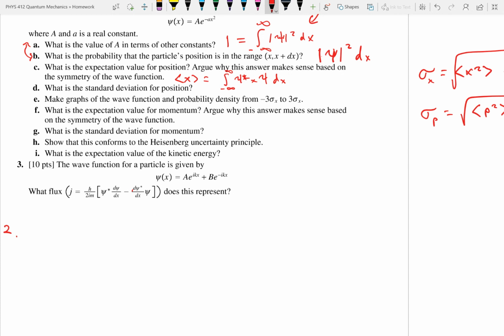Okay. So in terms of understanding the problem at this point, just think of it as, okay, it's a math problem. How do I do the math? So you're just doing psi star and psi, making sure that you're good with doing the complex conjugates and going through the math.